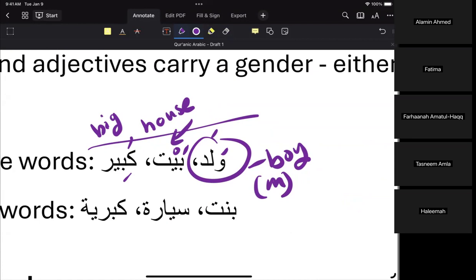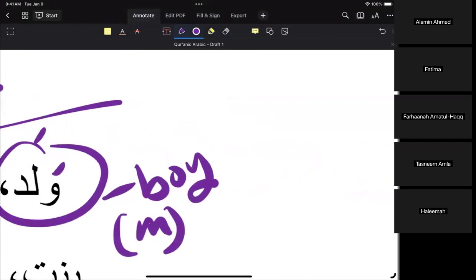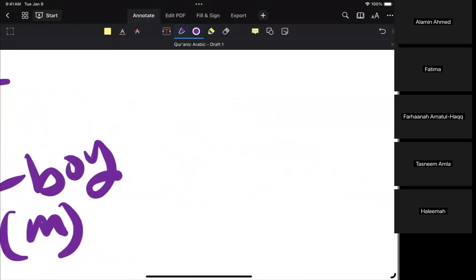But if you're coming from another language, for example French, and maybe Spanish, there are a few other languages where this same concept applies, where every single word, doesn't matter if that word relates to a human being or not, will have a gender, and Arabic is exactly the same thing.